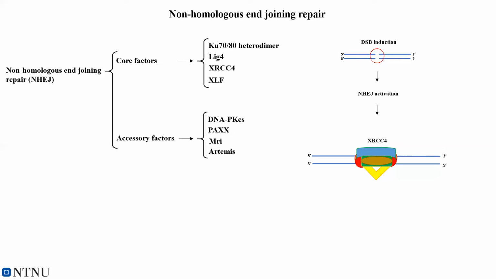Meanwhile, XRCC4 makes a connection between ligase 4 and DNA ends to increase ligation activity. XLF makes a connection between XRCC4 and other NHEJ factors. PAXX stabilizes the whole NHEJ machinery. And finally, MRI regulates NHEJ activity during S and G2 phases. The cooperation between NHEJ factors results in fixed DNA.